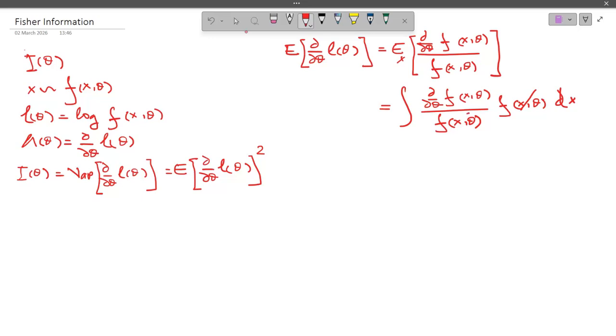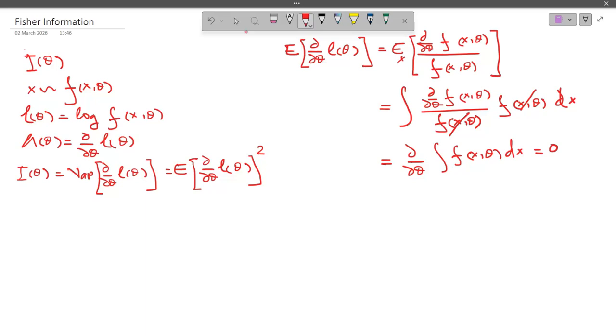So this f x theta cancels. We take the del theta operation out of the integral sign, and this becomes del theta of integral f x theta dx, which is 1. So del theta of 1 is 0.